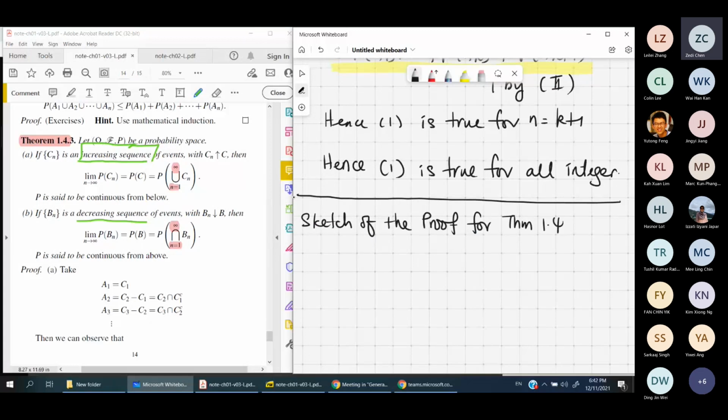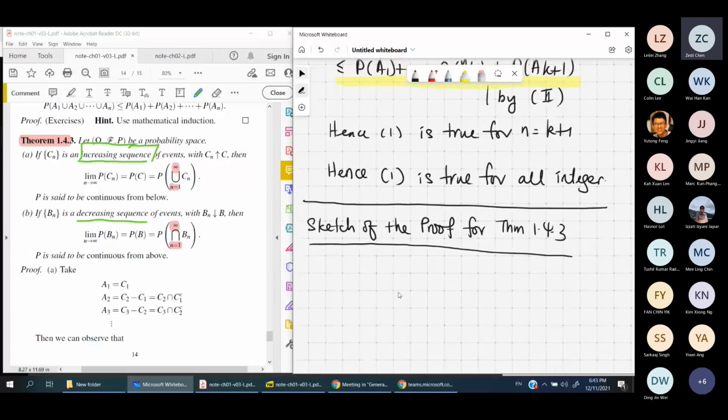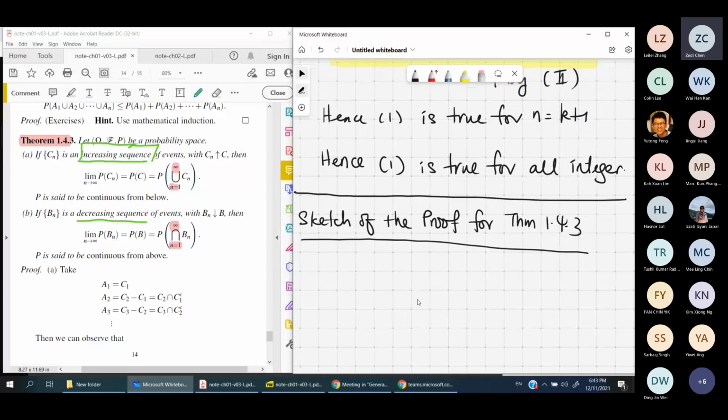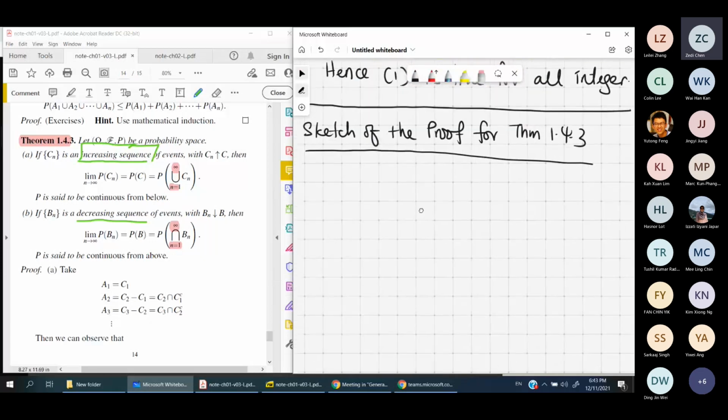So just briefly, let me give you the idea of how we're going to do these things. First of all, this is an increasing sequence, and so on. So that means it's getting larger and larger and larger, right?